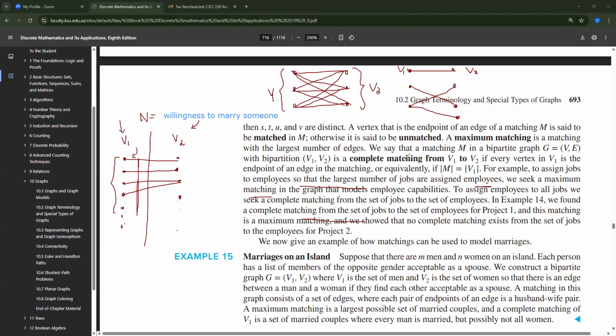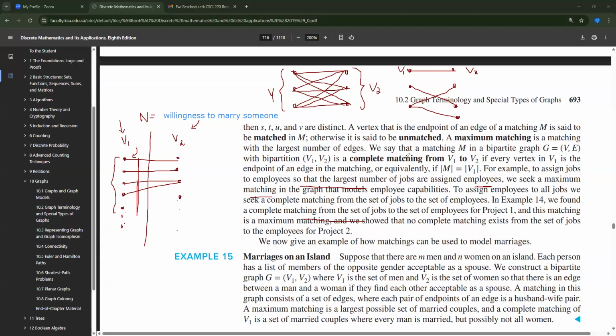A complete matching from V1 to V2 if every vertex in V1 is an endpoint. I think it only matters from V1, as in the number of edges in the graph has to equal the number of edges that come out of V1. So that's a complete matching.